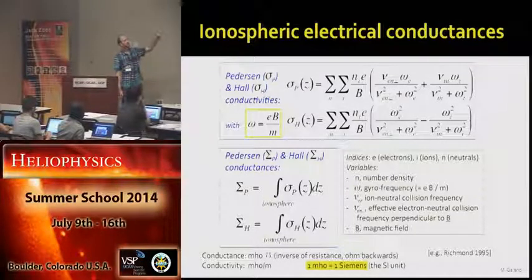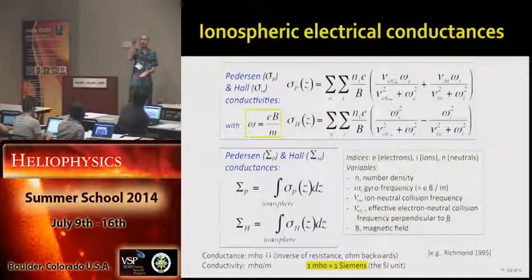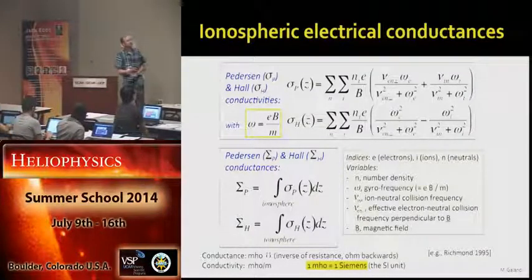The conductivity is given here, and the conductance is the height-integrated conductivity. A typical unit you will see for conductance is the mho, because conductance is the inverse of resistance. It's ohm spelled backwards. But you might also come across Siemens, the SI unit. So just so you're not confused, 1 mho is 1 Siemens.